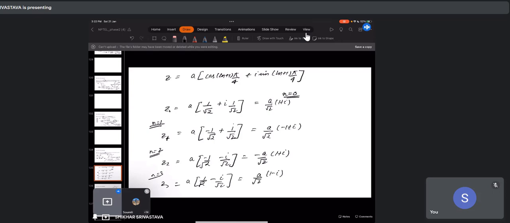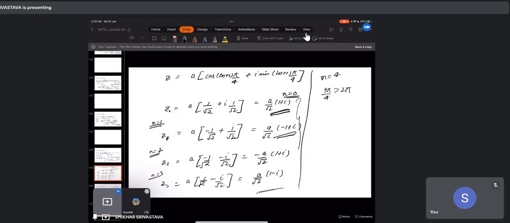Now when you put n equal to 4, you get 2 times 4 is 8 plus 1, 9 pi by 4, which is greater than 2 pi. So the cycle will repeat itself. When you put n equal to 4 or 5, you get the same values again, because sines and cosines have a periodicity of 2 pi. So you just stop at this point.